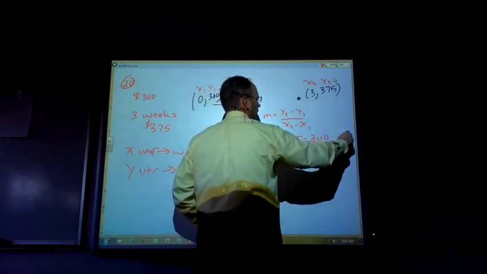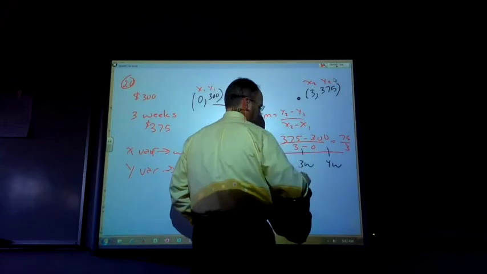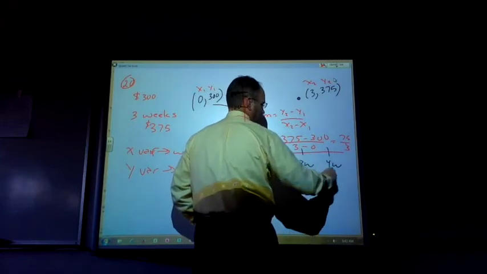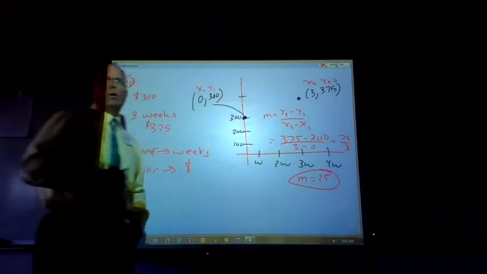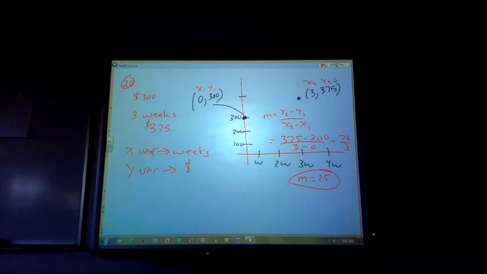So that's 75 over 3. So I have a slope of 25. So interpret, what does the slope mean? It means every week my account has $25 extra put into it. For every $25 I put into the account, another week takes place.